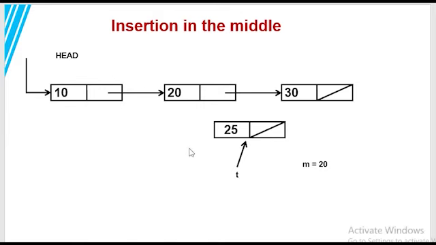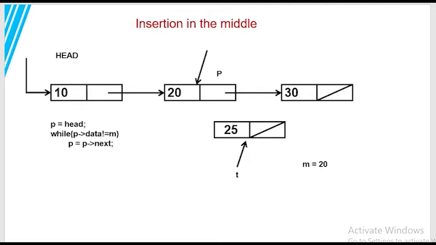First you create a temporary memory location, and allocate the element to be inserted in the first node, and keep its next as null at present. The next condition is, consider a variable P such that P of next should be pointed to this temporary element.